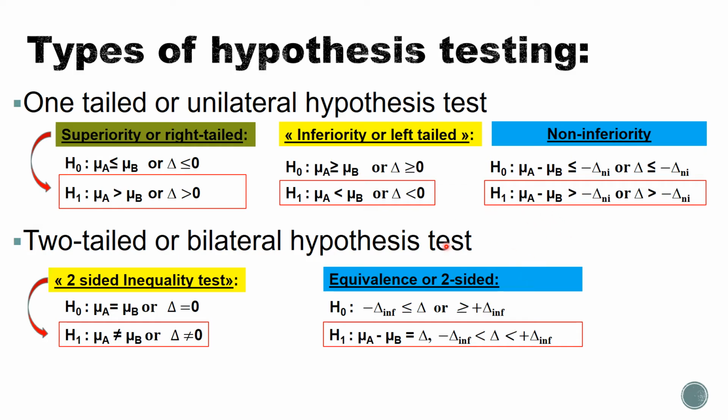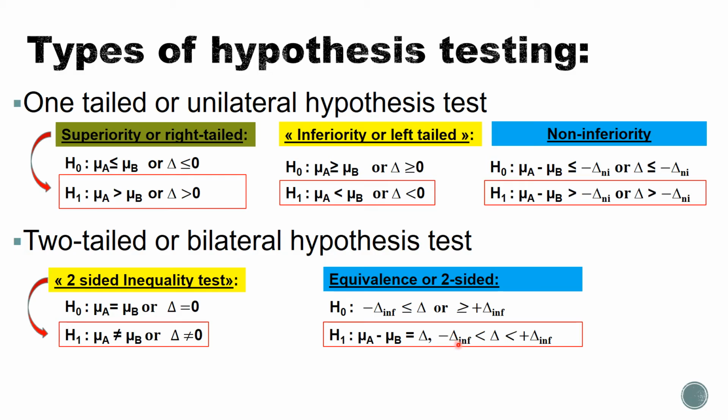We have all different kinds of hypotheses, but they are all formulated depending on the objective of our study or research. So, for instance, in an equivalence study, we are saying, even if treatment A, the new treatment, is worse than treatment B, the difference shouldn't be less than a particular margin.